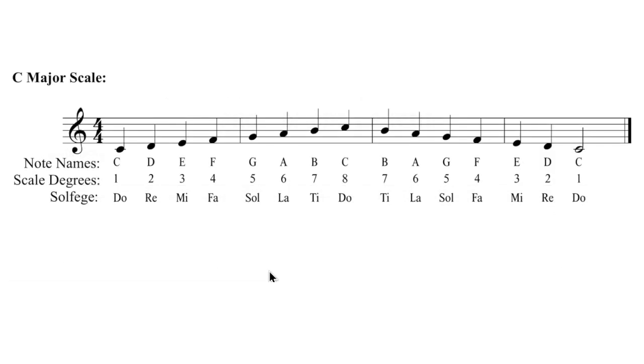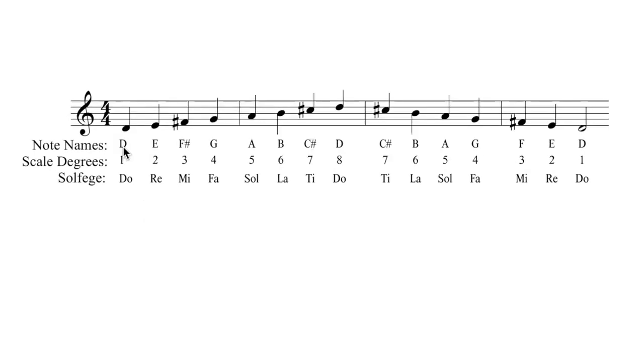Okay, before we go to solfege, I just want to make sure you are clear on how scale degrees work. We're in the key of C, so 1 is C. If we were in the key of D, D would be 1, E would be 2, F sharp would be 3, and never mind these sharps and flats right now.